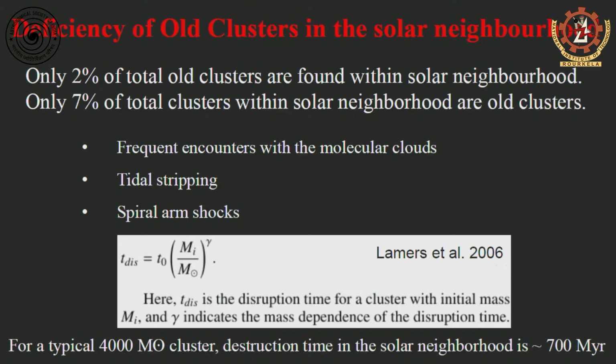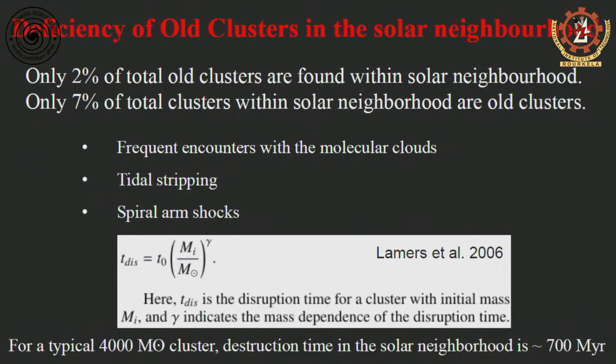And in that region, within 700 parsec, only 7% of the total clusters are old open clusters. So we have a lack of old open clusters in the solar neighborhood, and a couple of reasons are proposed. Here we have more frequent interaction with molecular clouds.